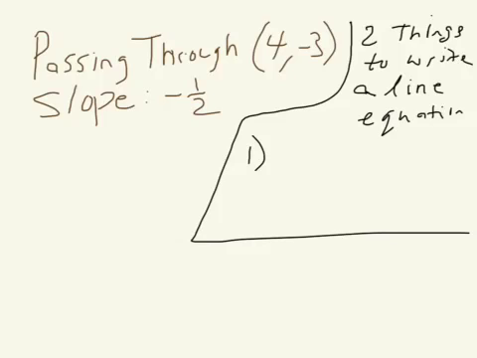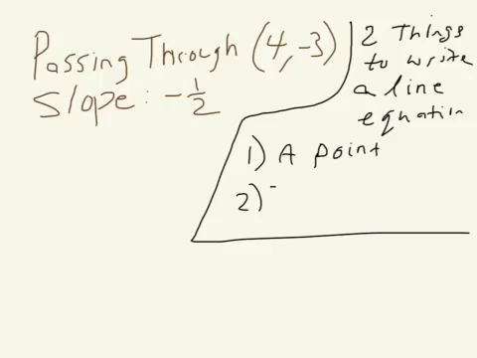First is you need a point. It can be any point on the line, of course. That's why I wrote the word A. A is not an exclusive word. There's an infinite number of points on the line. You just need one of them.